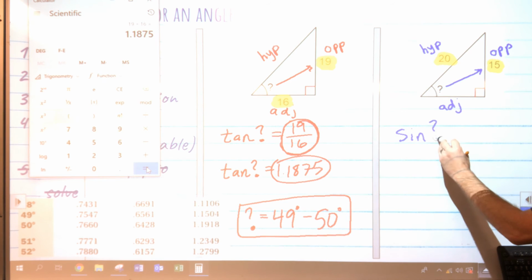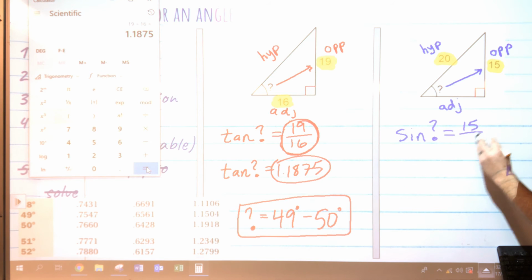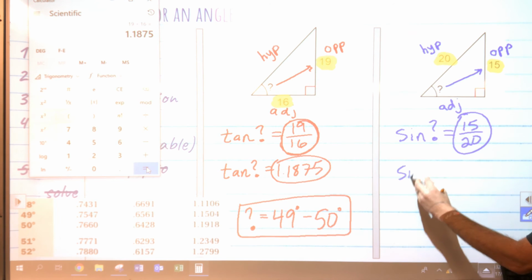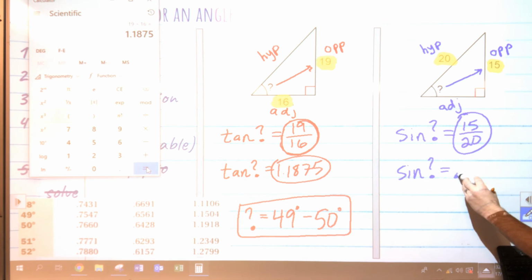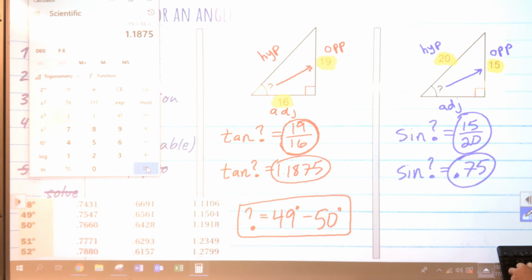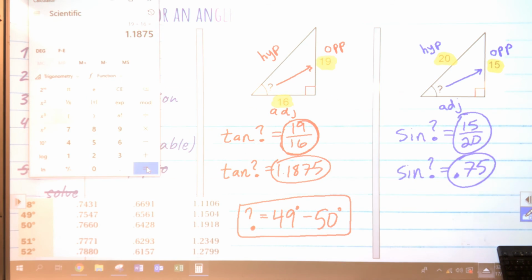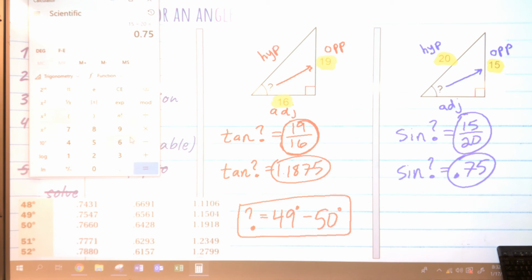Sine of some angle equals opposite over hypotenuse. Okay, and so I use this ratio, 15 over 20. Sine of some angle equals, and 15 over 20 is 0.75. On my calculator, I do 15 over 20, gives me my decimal.